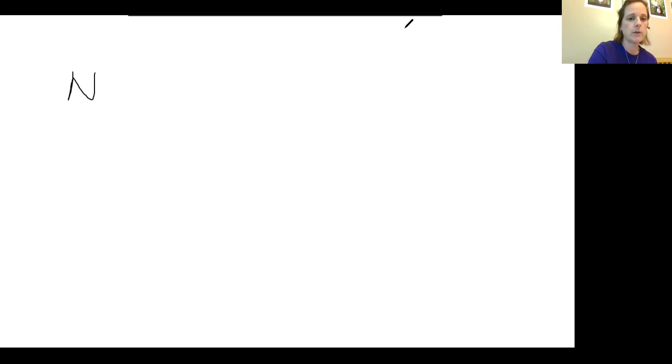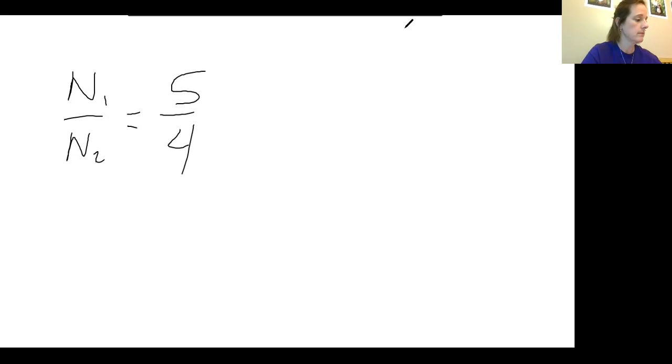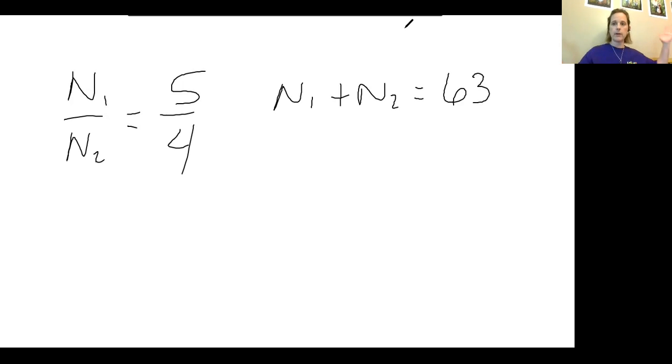So I have a ratio of two numbers is 5 to 4. And the sum of the numbers, so I have a one number plus a two number, that's the sum, equals 63. There we go. We have our two equations.